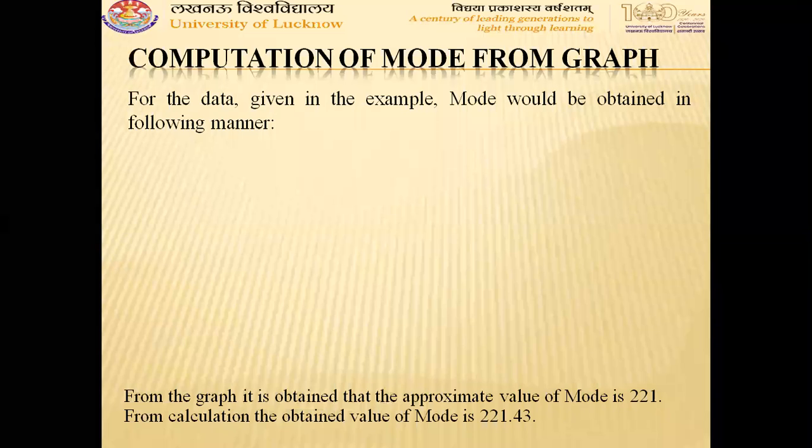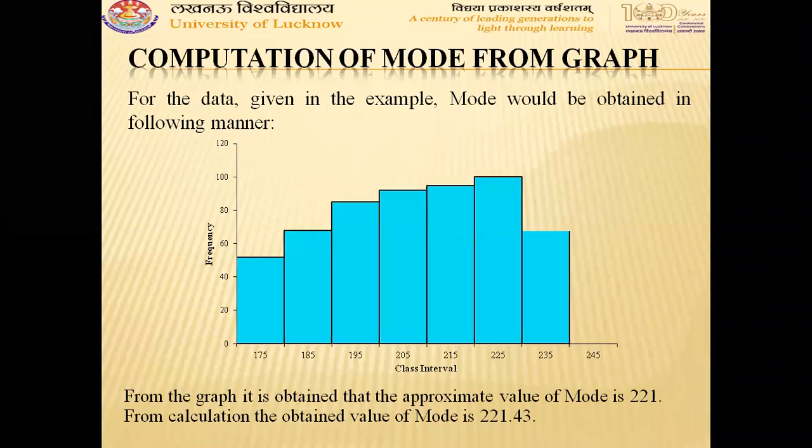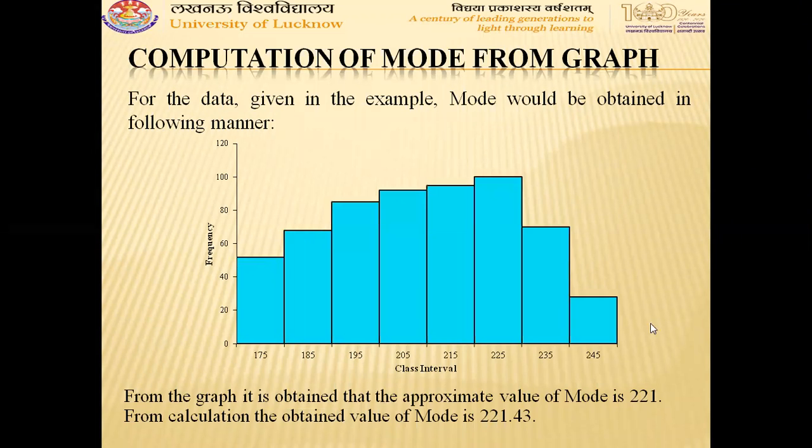So first we draw the histogram in this manner. Here you can see the bar having maximum height is this one. That is, this bar is selected.